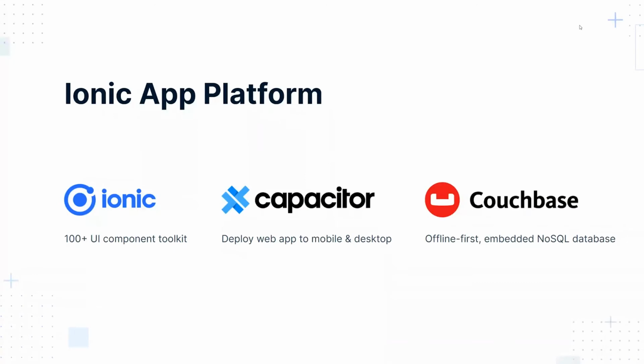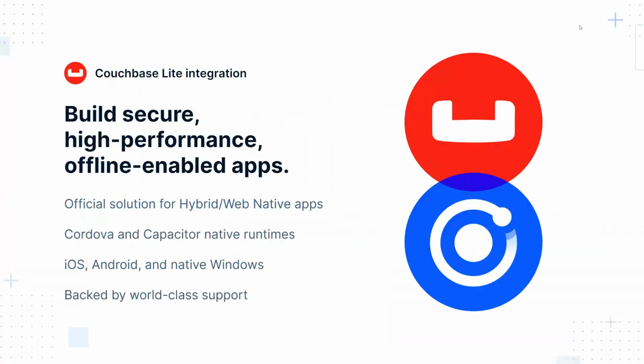And then finally, to cover that offline first functionality with an embedded NoSQL database, we turn to Couchbase Lite. So all three of those together are a complete superpower. And additionally, when we're building for the web and we want to use Couchbase Lite, Ionic has a new Couchbase Lite integration that helps you build secure, high-performance, offline-enabled apps.